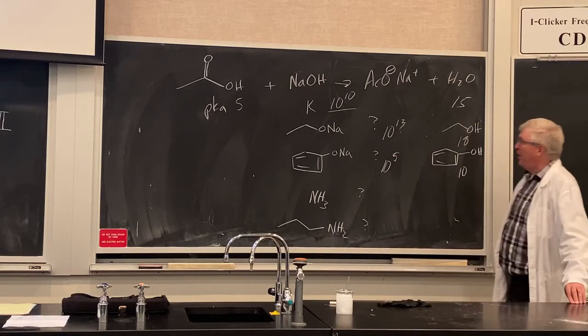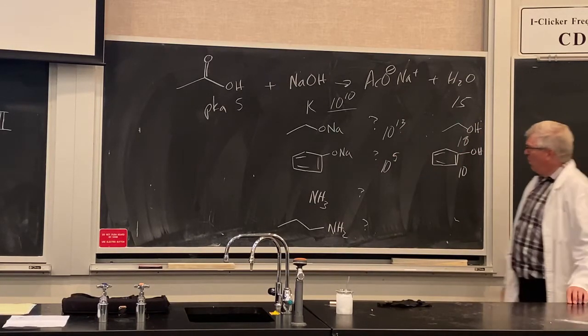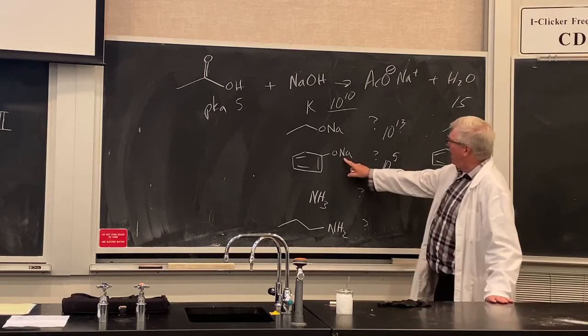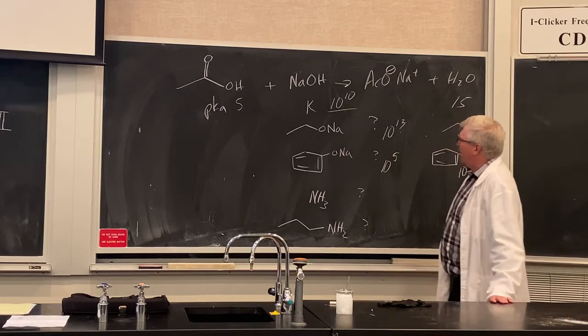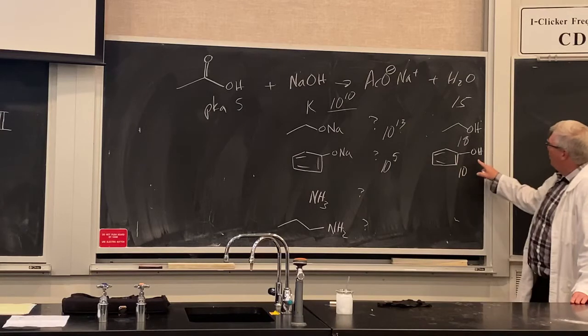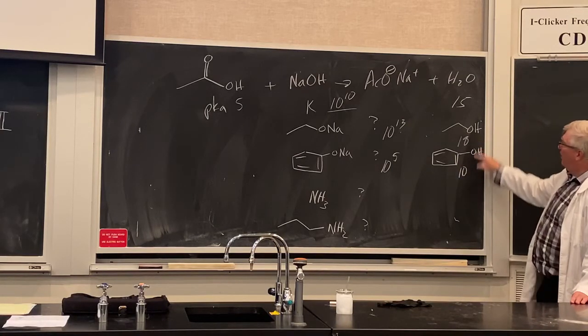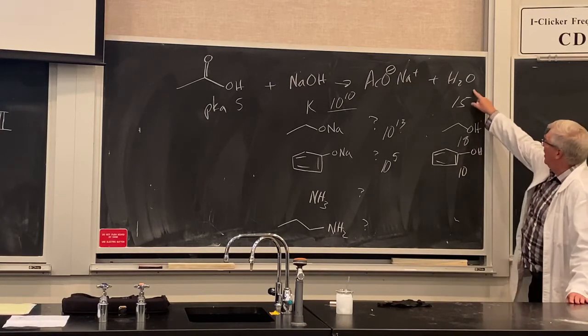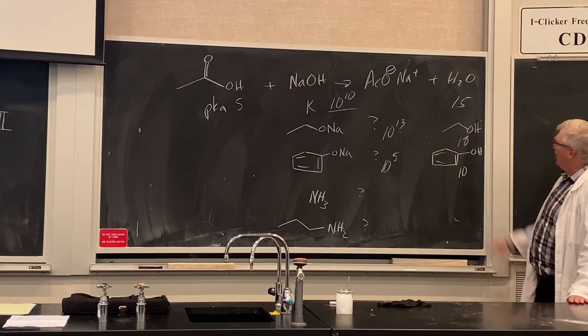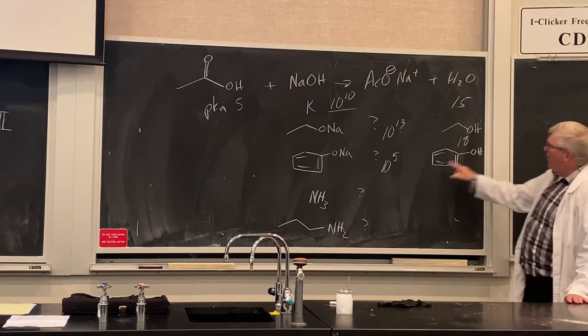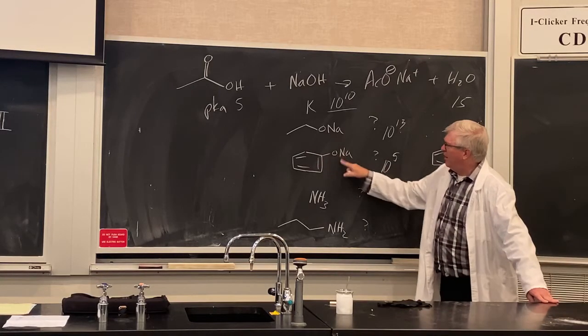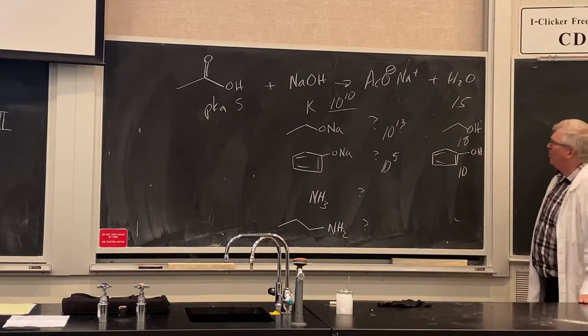So it's still favorable there. We might want to figure out why phenolate is a weaker base. It's a stronger acid, weaker base than that. We can compare that to water and see why that is. In phenol, we have this extra resonance effect, so that can be stabilizing there.